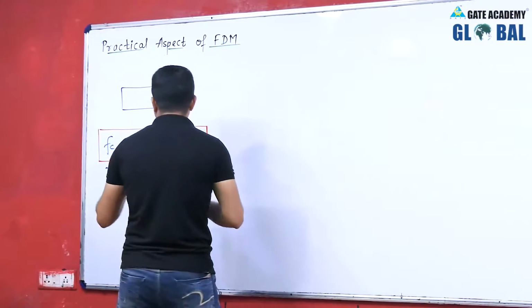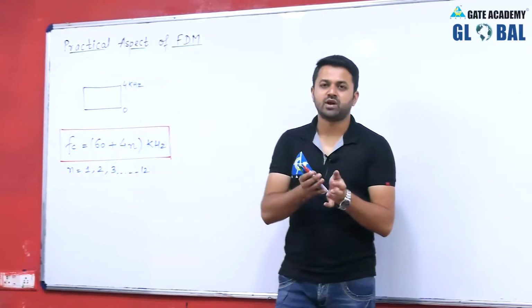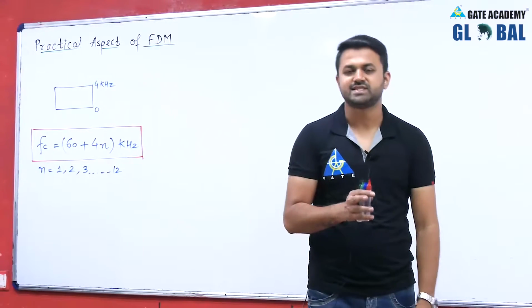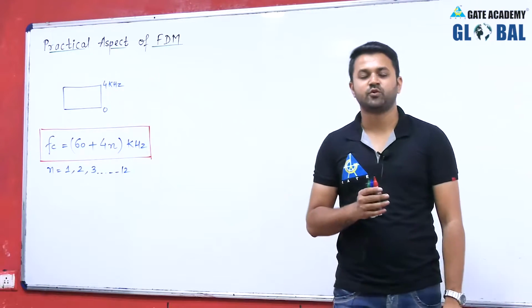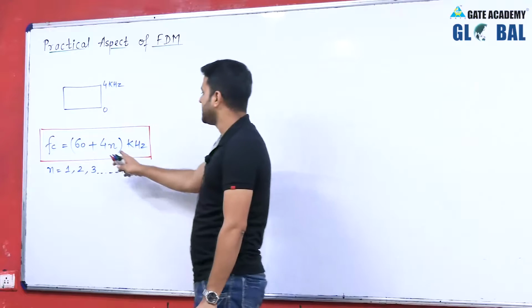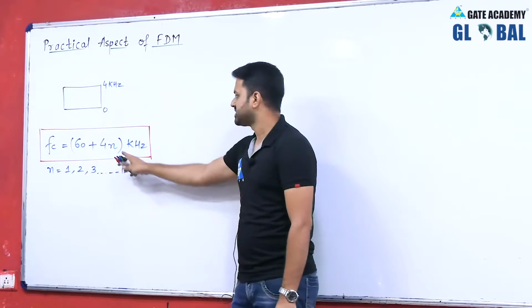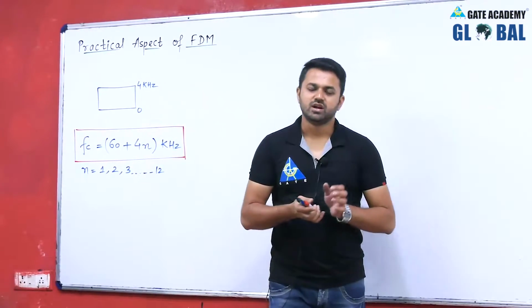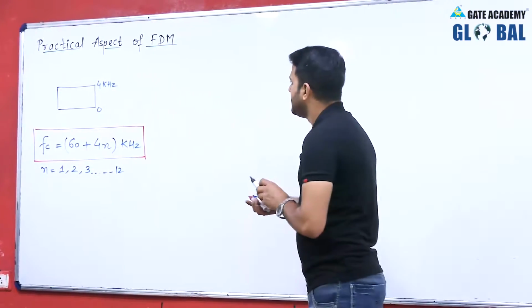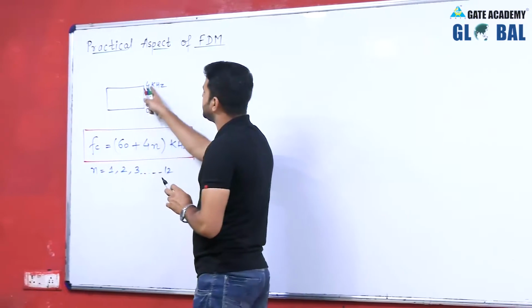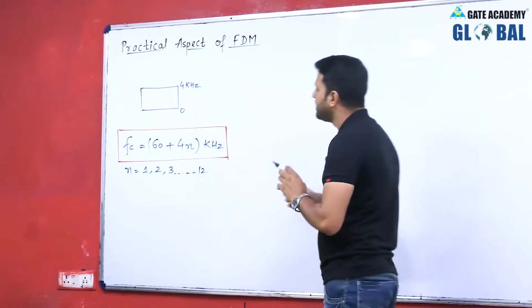For the first user n equals 1, for the second user n equals 2, and for the 12th user n will be 12.